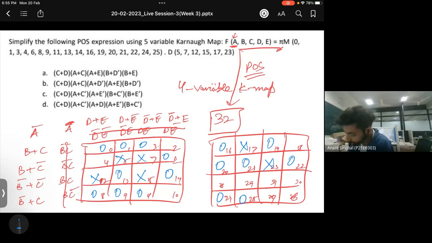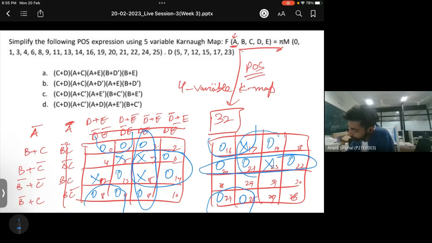So from the first, we'll make this as a quad. This is a quad and this is a quad. And second, if you want to go all the zero, this is a quad, this is a quad, and for zero, this is a quad.